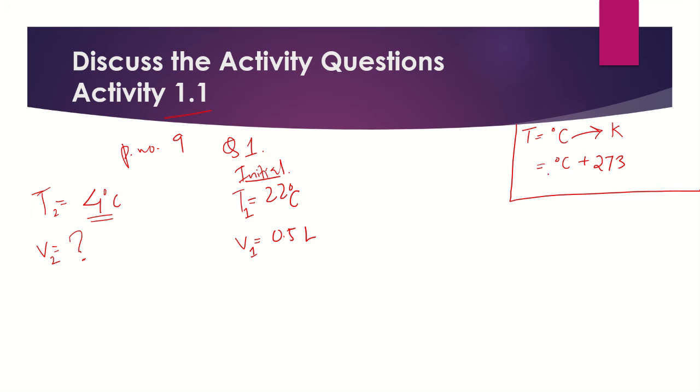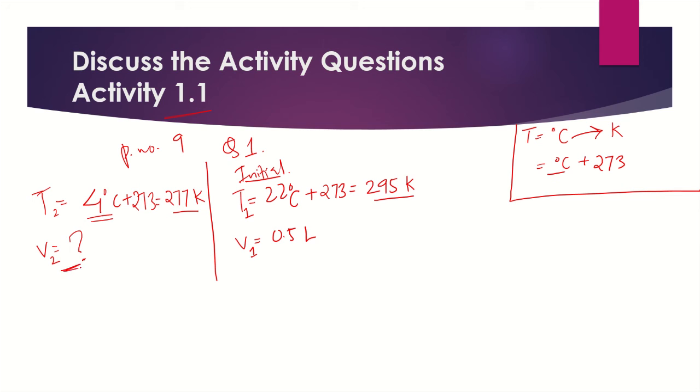The temperature values are expressed in degrees Celsius, so let us convert degrees Celsius to Kelvin. 4 degrees Celsius plus 273 will become 277 Kelvin. And 22 degrees Celsius, if we add 273, we will get 295 Kelvin. So now we are done with converting the unit from degrees Celsius to Kelvin.